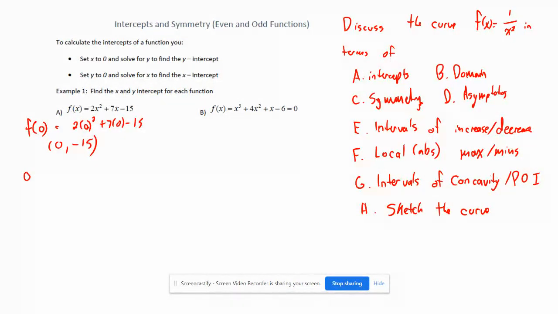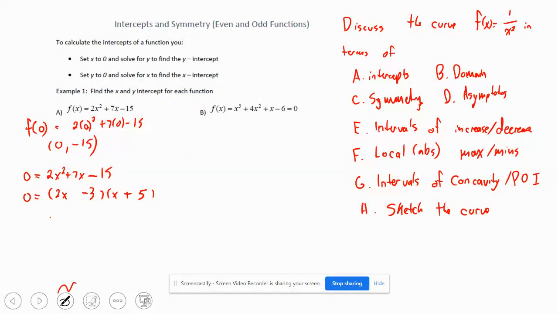For our x-intercepts, we make y equal to 0, and we solve for x. All right, so we get 2x minus 3, and then x plus 5. So we get x equals 3 over 2, and then x equals negative 5. Okay, so our intercepts here would be 3 halves, 0, and negative 5, comma 0.